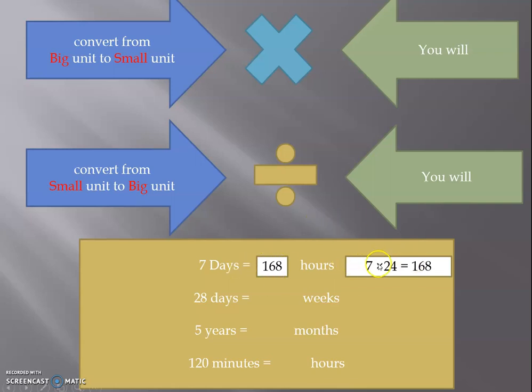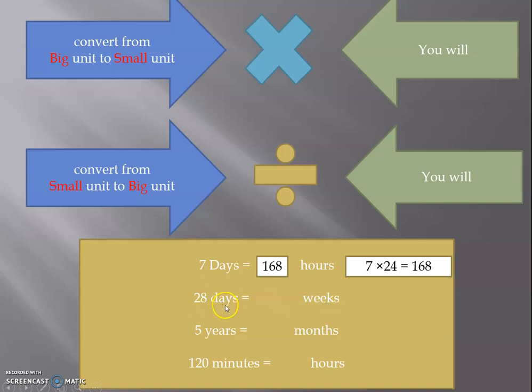By the way, to make this multiplication, put them over each other to make it easy. You put 24 up, multiply by 7 down, and solve it as we learned in the first term.